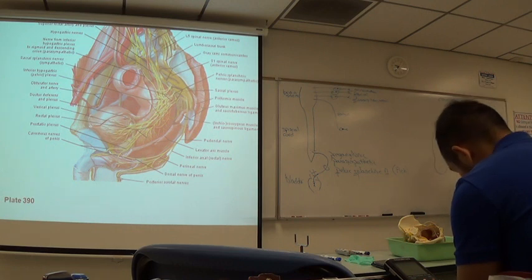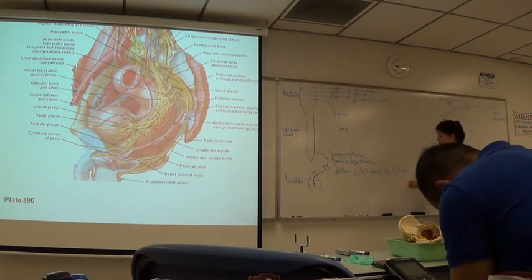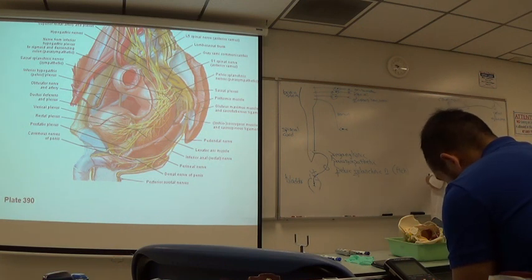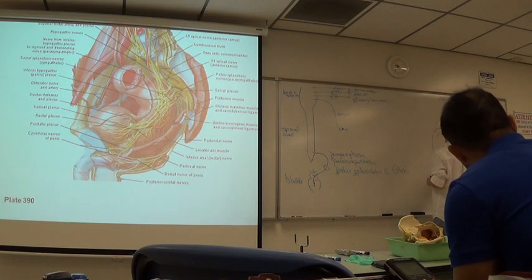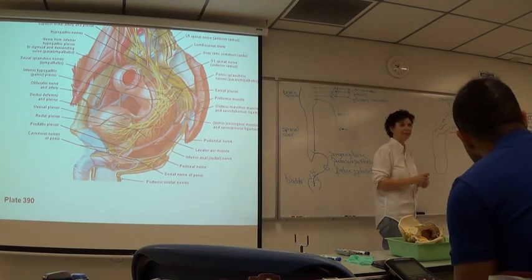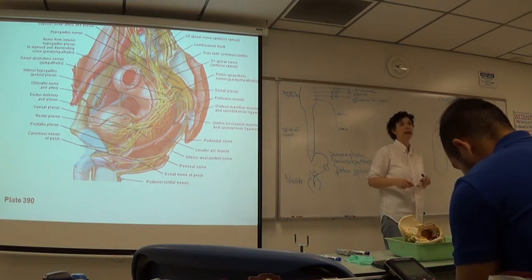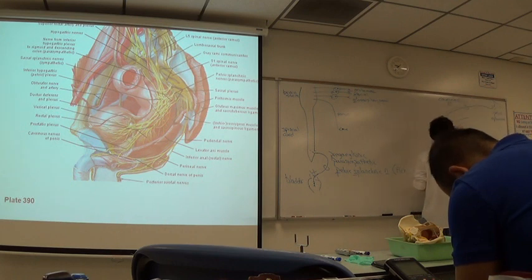And that makes sense because they're going into the corpora cavernosa. They're going to the erectile tissue. So they go to the smooth muscle of penile arterioles and release their neurotransmitter to the smooth muscle of those penile arterioles.